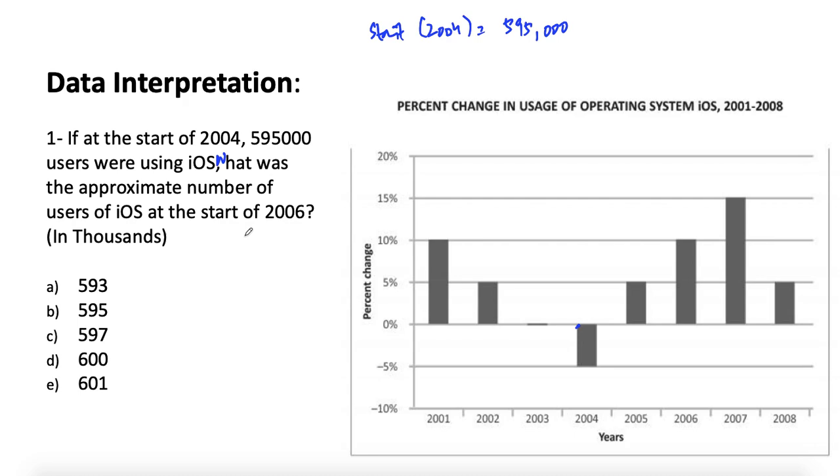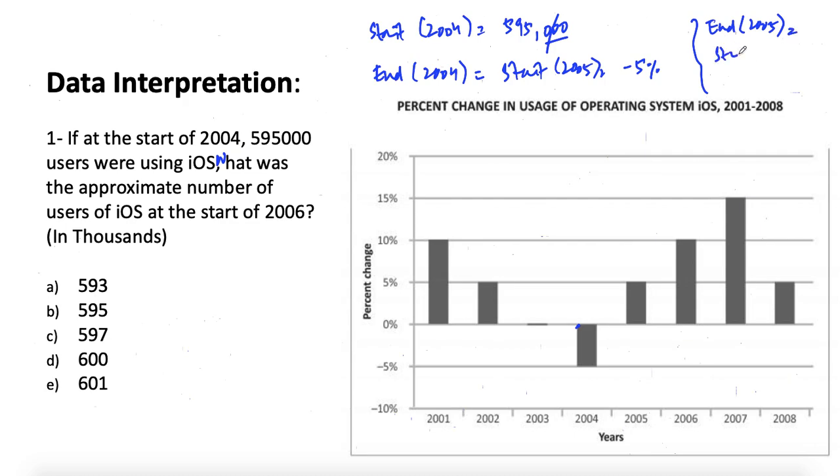As the answer is in thousands, we can ignore this and just consider 595. So what will it be at the end of 2004, or we can say at the start of 2005? That will be a 5% decrease, and the next one will be at the end of 2005 or at the start of 2006. There will be a 5% increase.